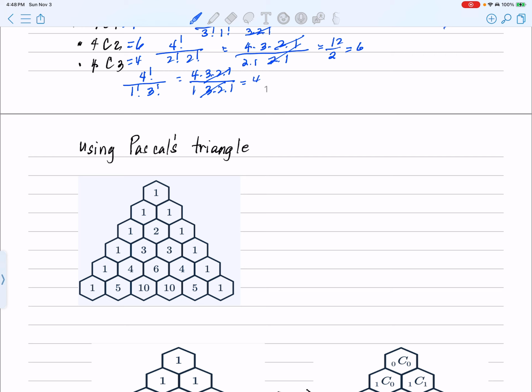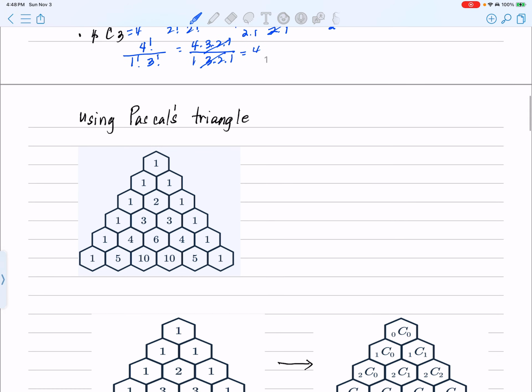Actually, if I write it this way, to begin with, we start with 1. Okay? The next row, we begin with 1 and end with 1. So it will be 1 here and 1 here.